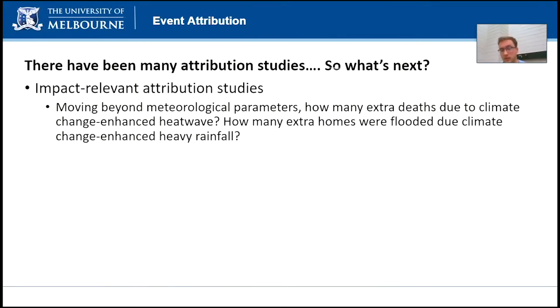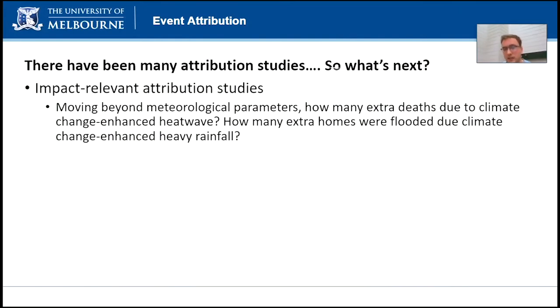Also, there's been a study looking at an extreme rainfall event in the UK from a couple of winters ago, looking at how many additional homes were flooded due to a climate change enhanced heavy rainfall event.